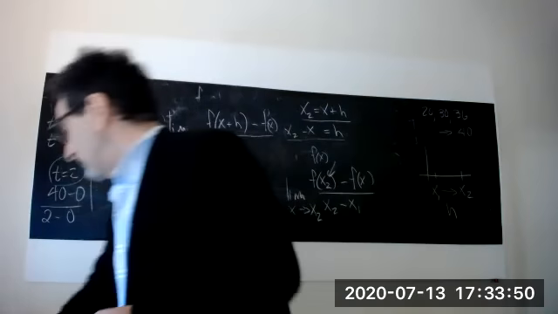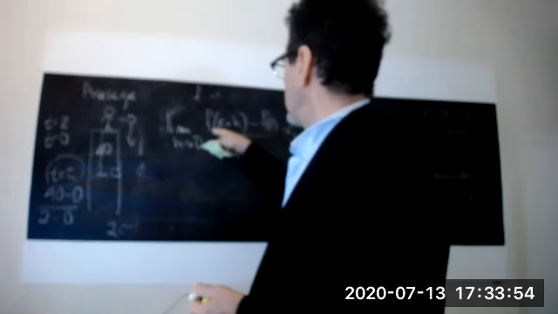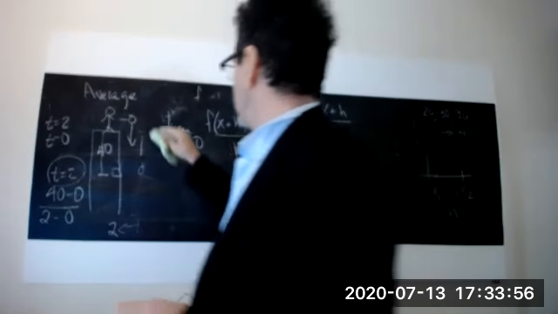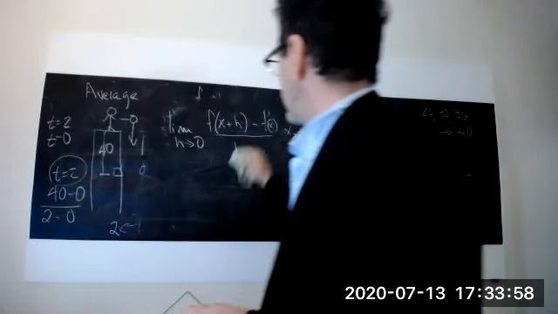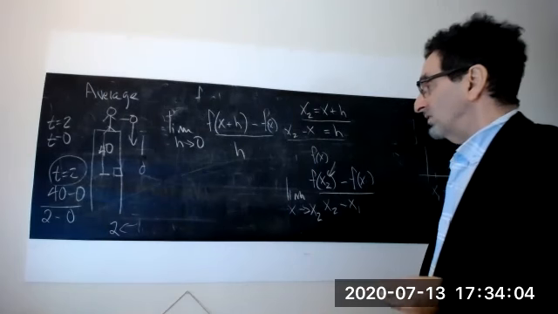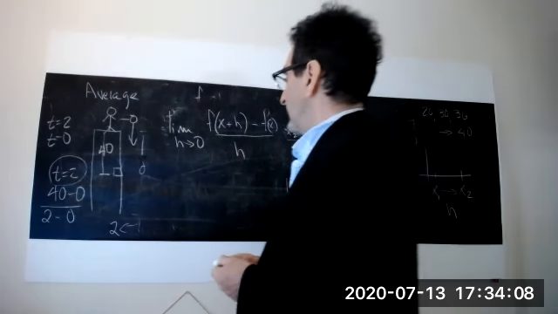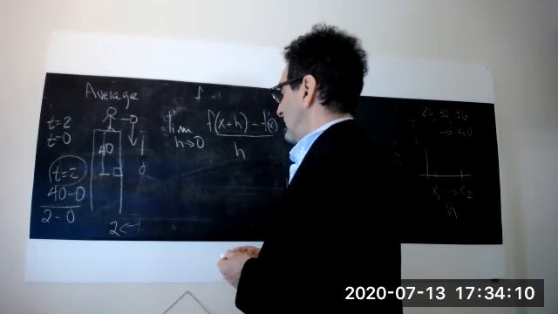Or, like we did originally, this was the position of a ball falling, and actually it gives us the instantaneous rate of change of the position, and that's called the instantaneous speed.